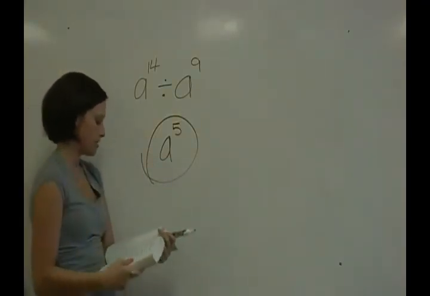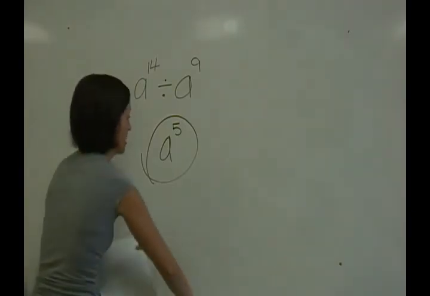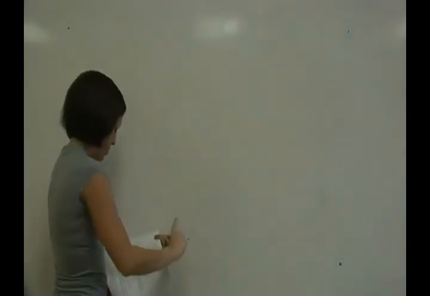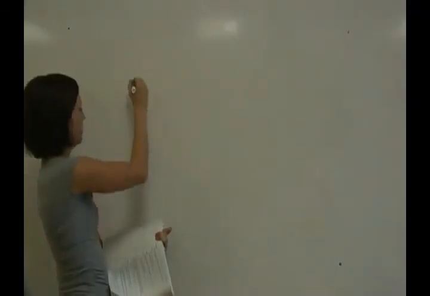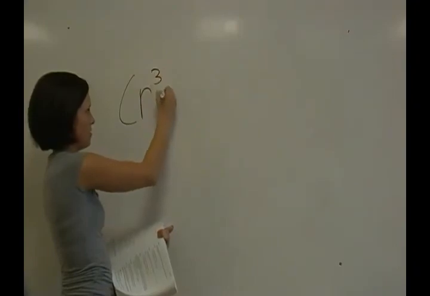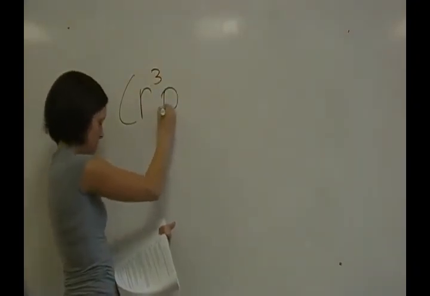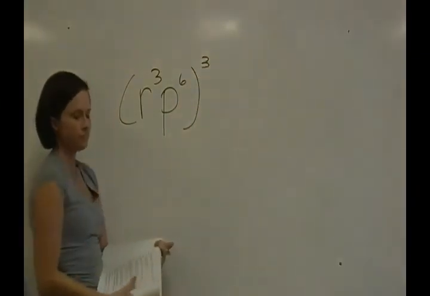Now we'll look at our laws, knowing power to a power, which is example number 14. If you look at our laws, when you have a power to a power, you multiply. So let's look. You have in parentheses r to the 3rd, and then p to the 6th, all to the 3rd power.